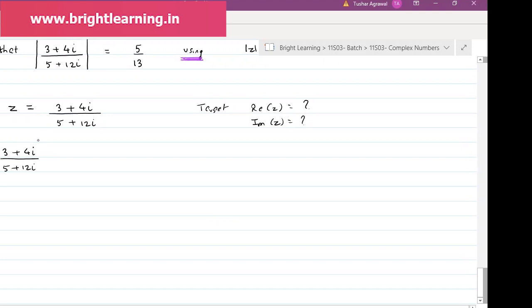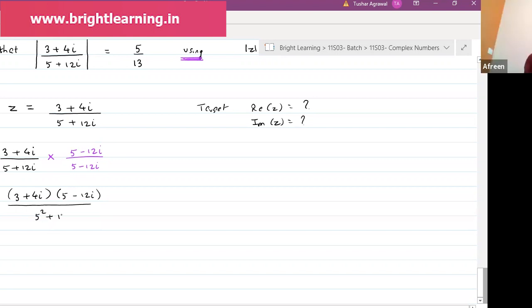We have done many questions of this form. Multiply by 5 minus 12i upon 5 minus 12i. This is the wrong method, but we do it for convenience, and I have told you why it is wrong. So now this is 3 plus 4i into 5 minus 12i upon the denominator, 5 square plus 12 square, correct?